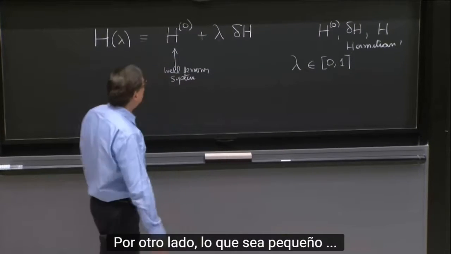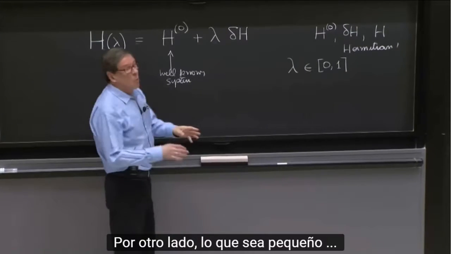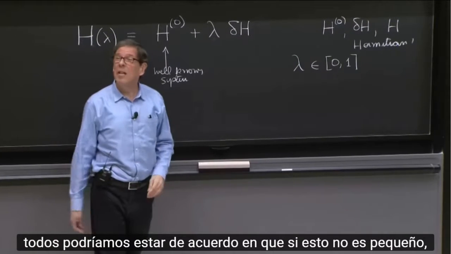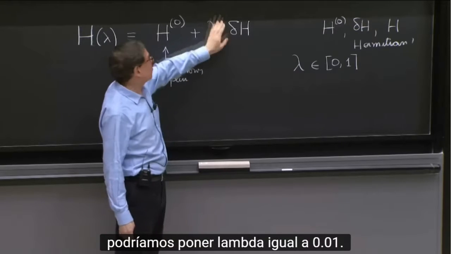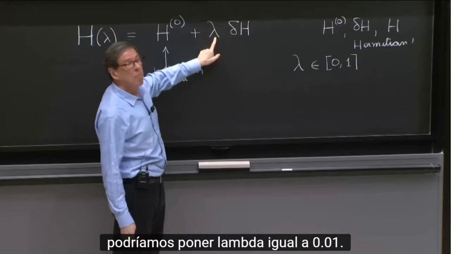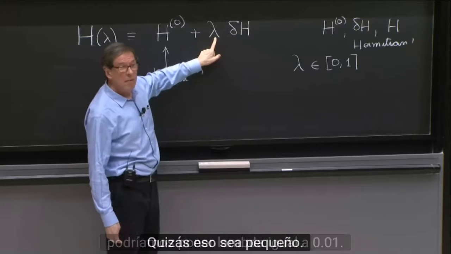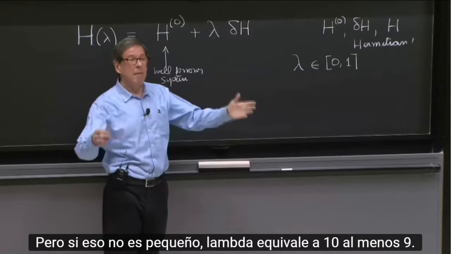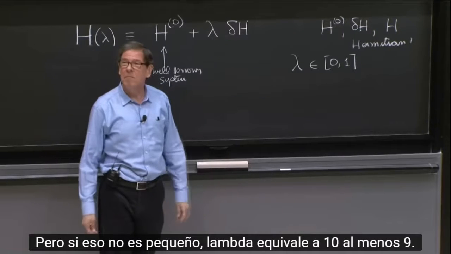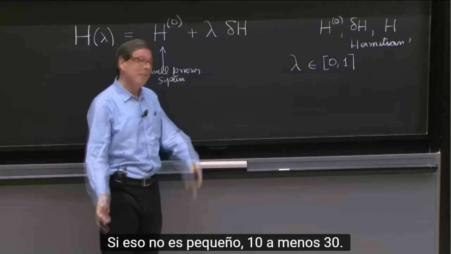On the other hand, whatever is small, we could all agree that if this is not small, we could put lambda equals 0.01. Maybe that's small. But if that's not small, lambda equals 10 to the minus 9. If that's not small, 10 to the minus 30.